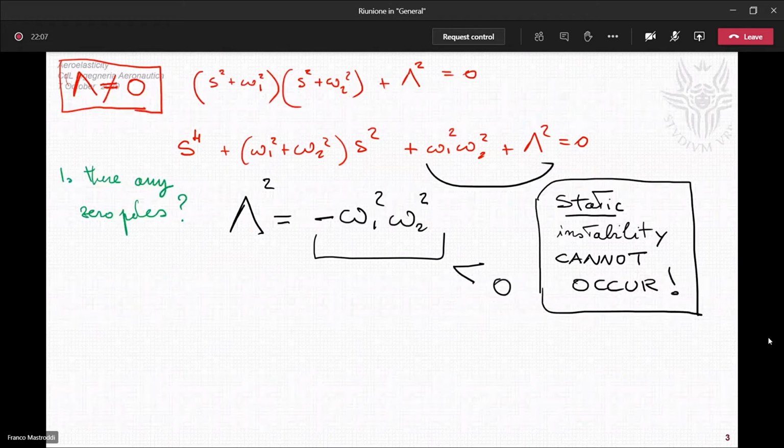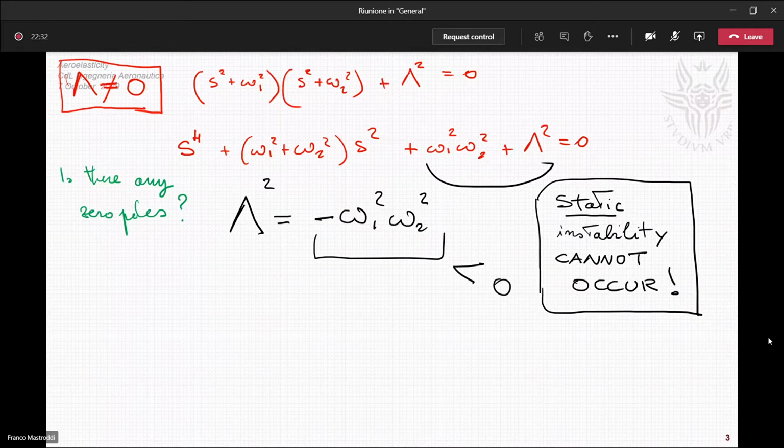And therefore, in the real world, you don't have this kind of instability. But please remember, by considering this mathematical model, this model is not able to give you a static instability for the panel flutter.